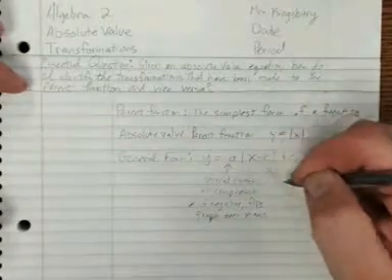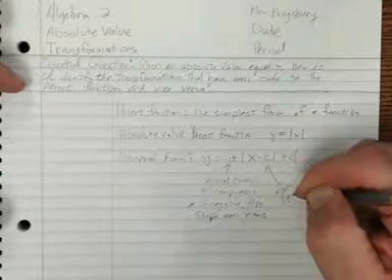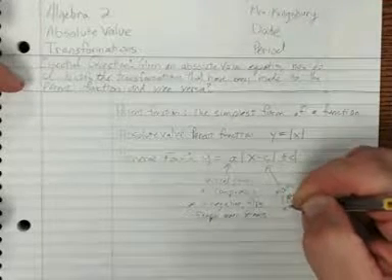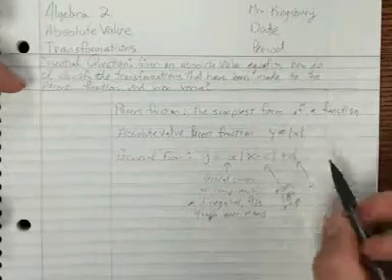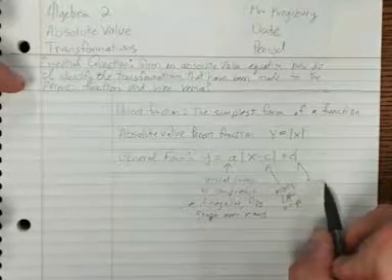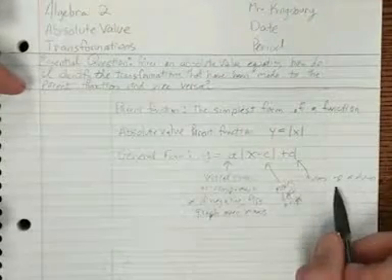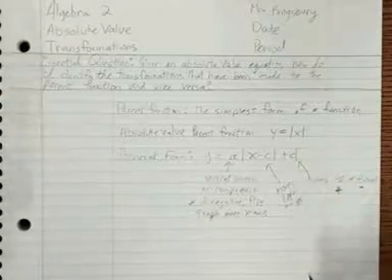The c value here just moves things left and right. And the d value moves things up and down. If it's a positive d value, it moves it up. If it's a negative d value, it moves it down.